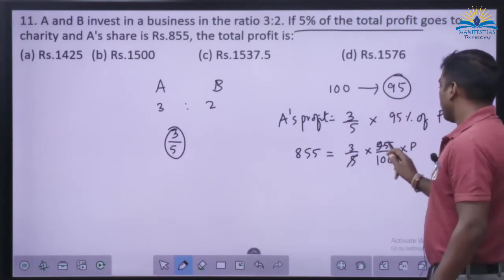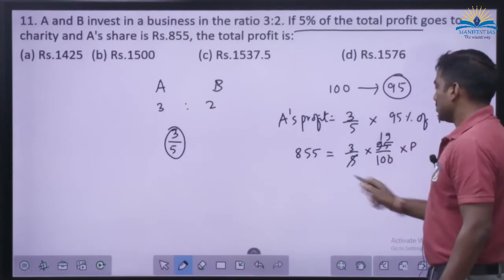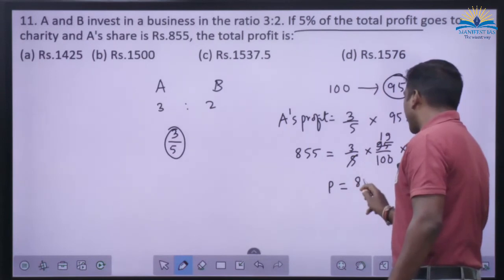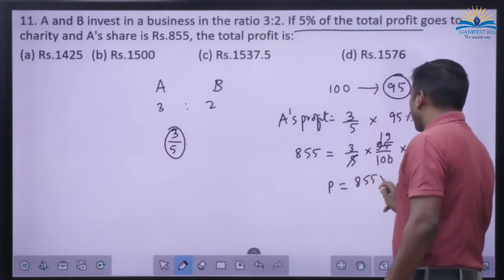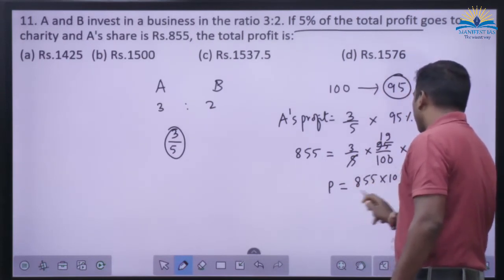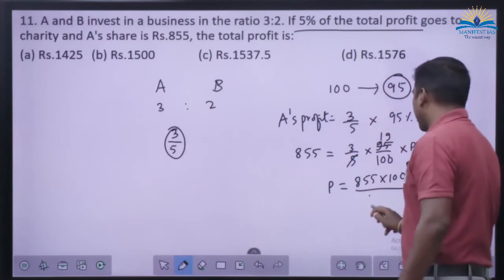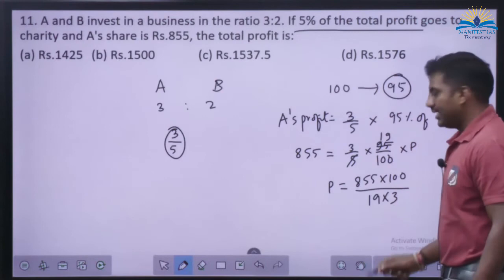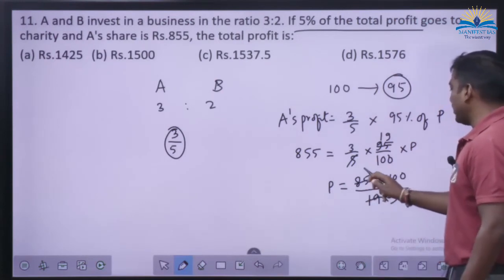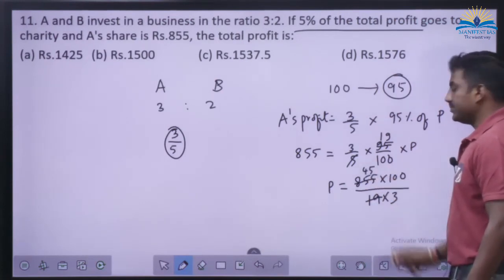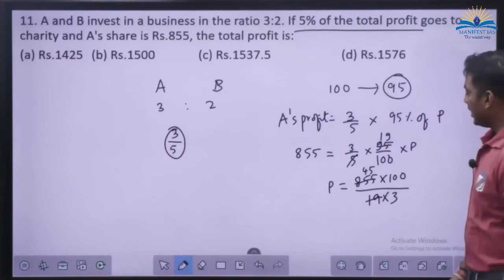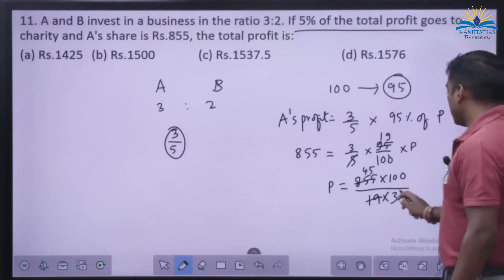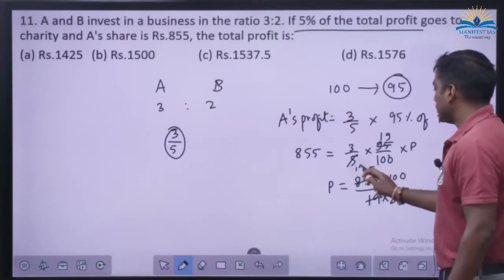5 ones are 5, 5 19s are 95. So everything goes to this side. P is equal to 855 into 100 divided by 19 into 3. Try to divide this 855 by 19. 19 ones are 19, 19 fours are 76, 9 will be remaining, 95, 19 fives are 95. 3 ones are 3, 3 15s are 45.